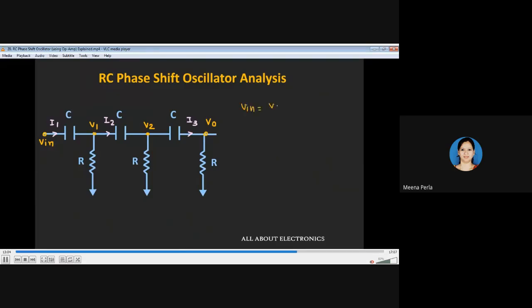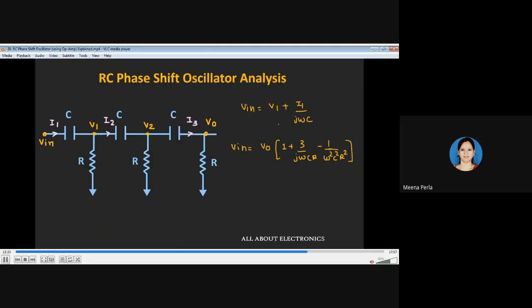We can write Vin as V1 voltage plus the drop across this capacitance XC, that is I1 by j omega C. We can put V1 and I1 in this expression. So we get input voltage will be equal to Vout in the bracket 1 plus 3 by j omega CR minus 1 by omega square C square R square.